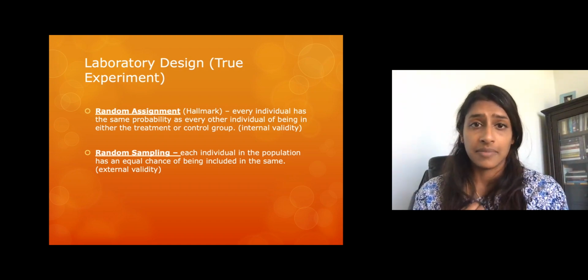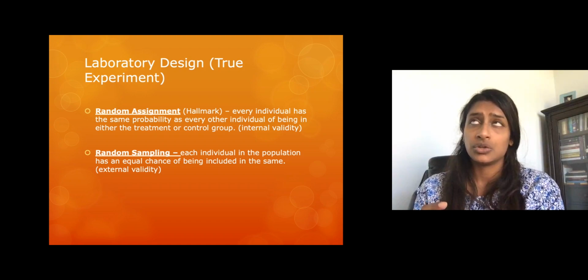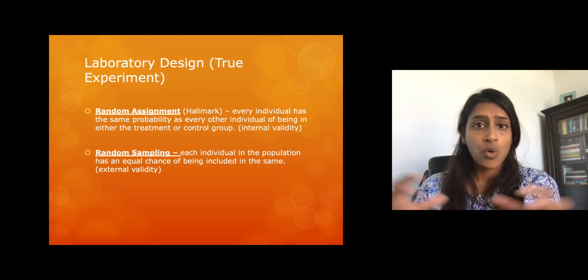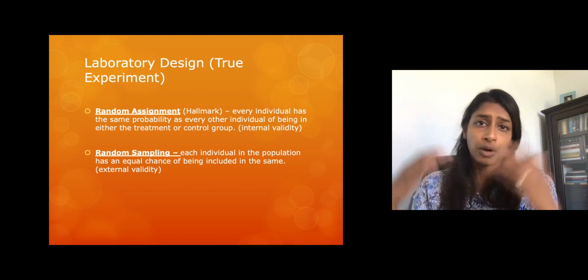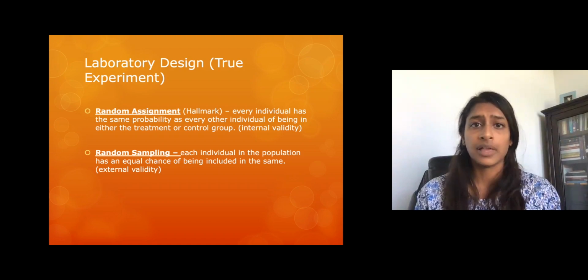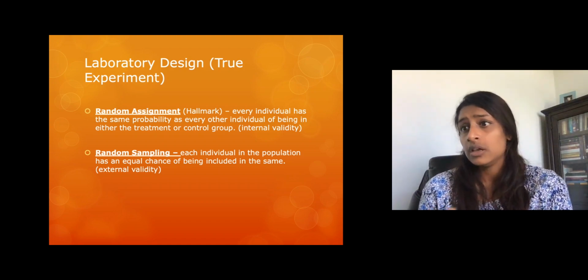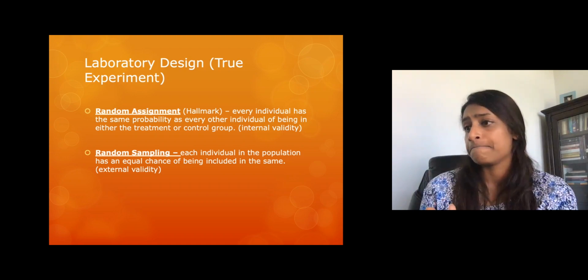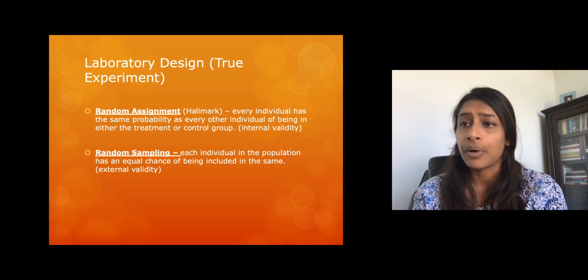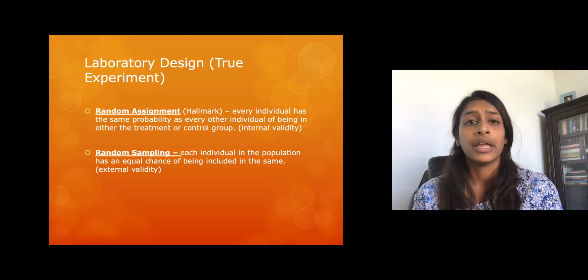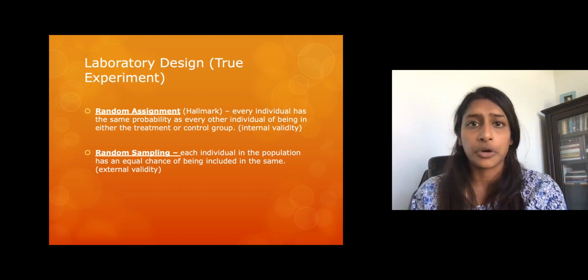Random sampling then means that whoever's a part of my research study should be representative of the larger population. So if in my study, I only sample, let's say, people, I live in this rural area in Northeast Ohio, and I do this study there.